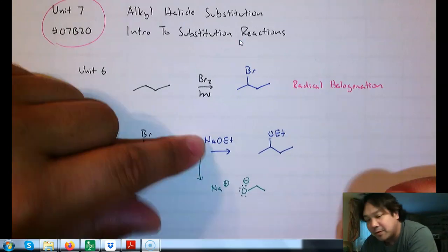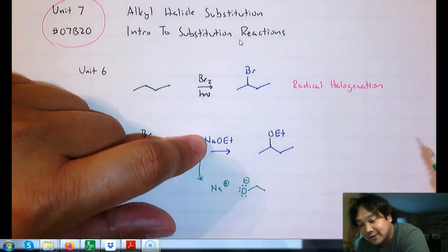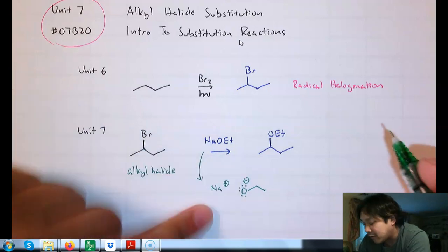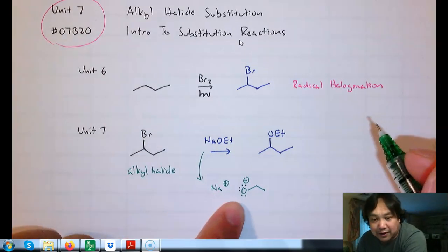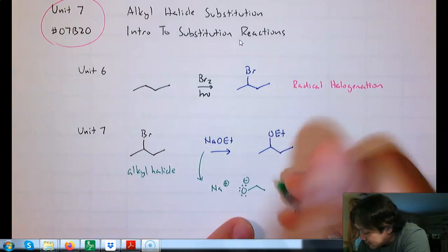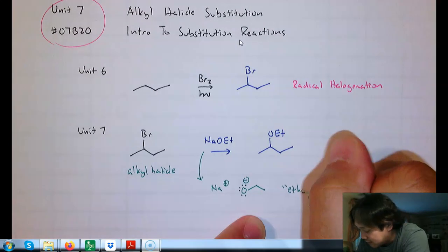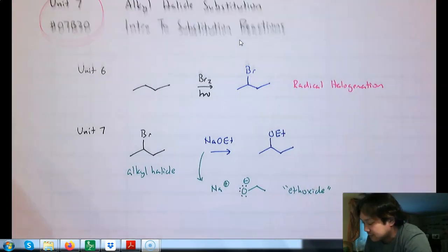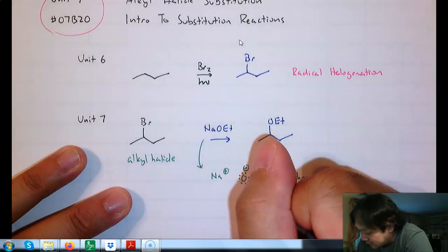So whenever you see sodium ethoxide, potassium ethoxide, lithium ethoxide, you have your counter ion, positive cation, and you have your anion. The name of this is ethoxide, like ethyl oxide. And this is going to act like a nucleophile.